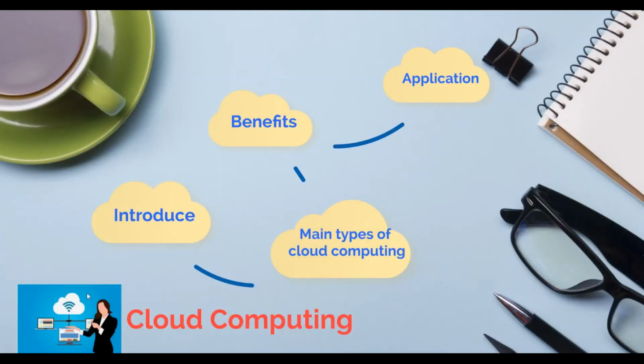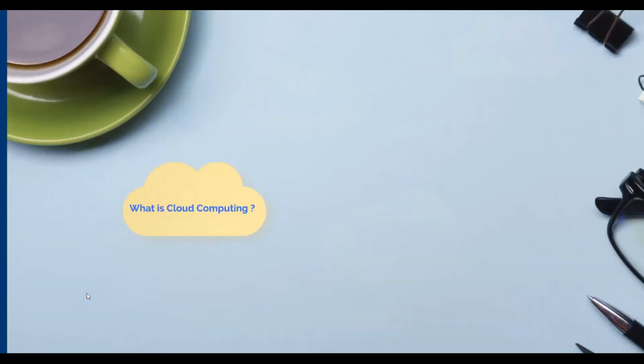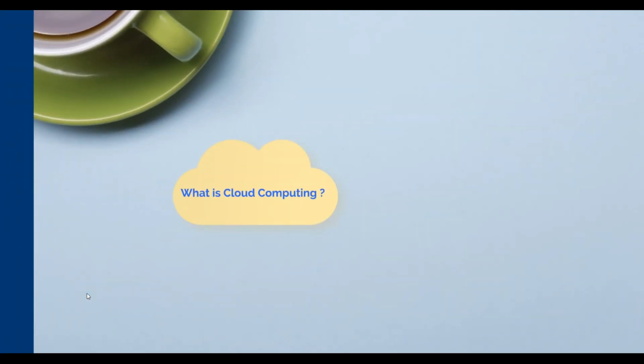This is the last part of our group presentation, and it talks about cloud computing. Its content includes the definition of cloud computing, deployment models, advantages and disadvantages, benefits, and applications. So what is cloud computing?